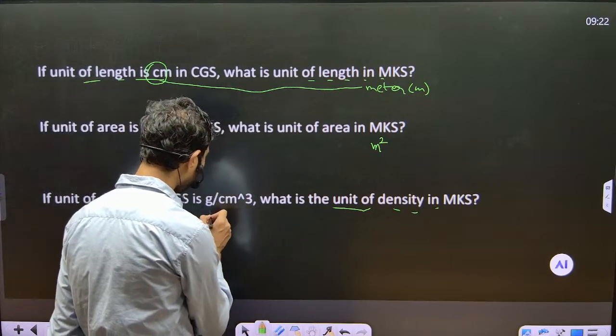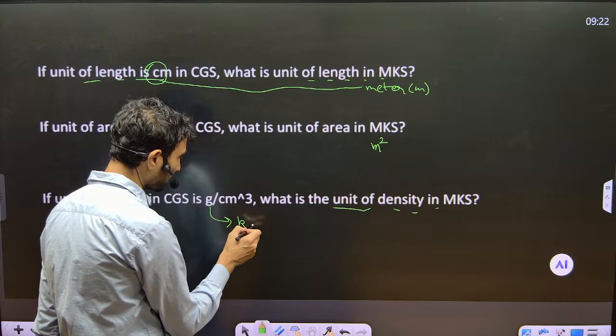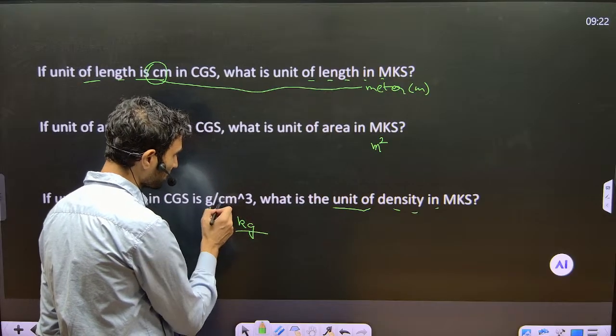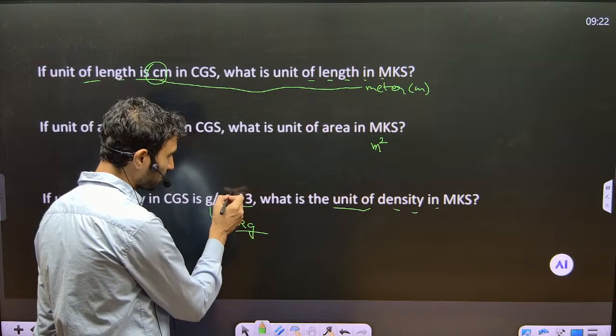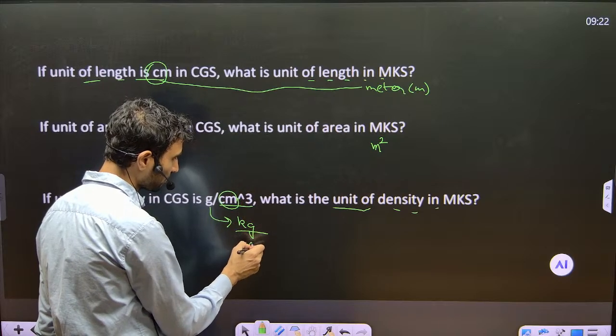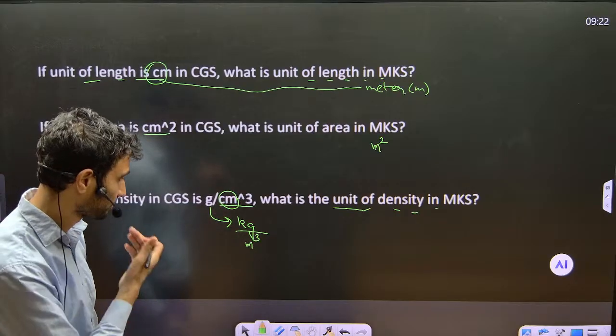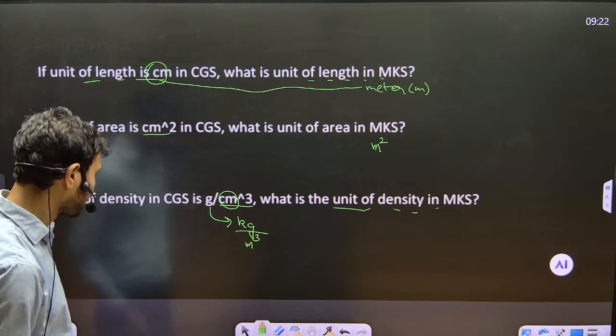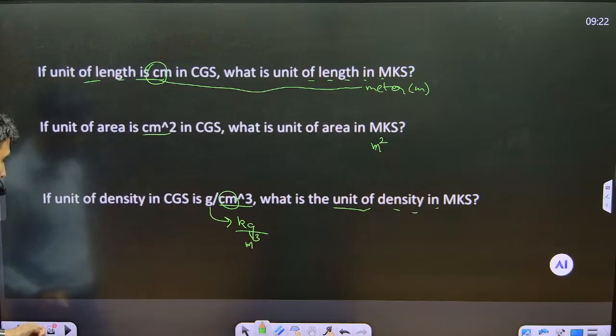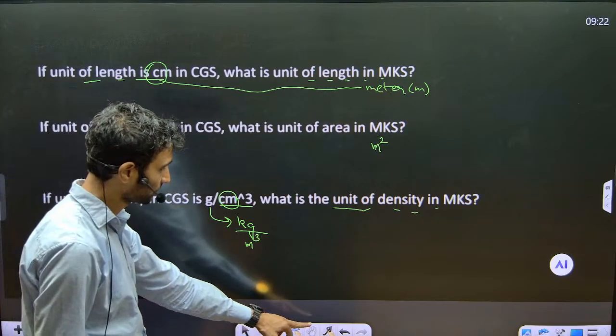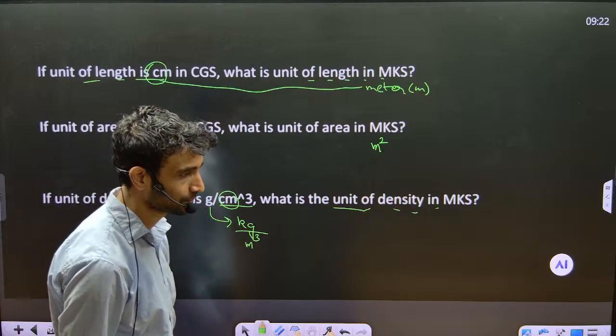We know that gram will become kg, and instead of centimeter cube we will have meter cube. So it is kg per meter cube, right? Write this down.